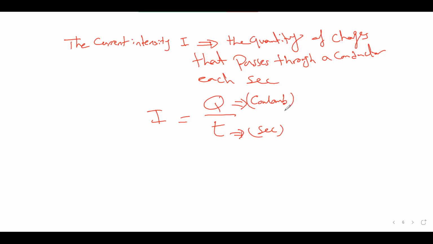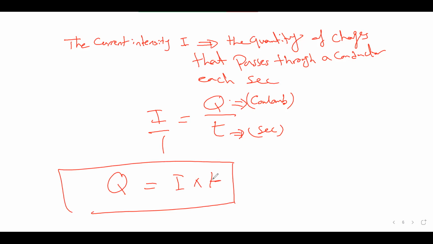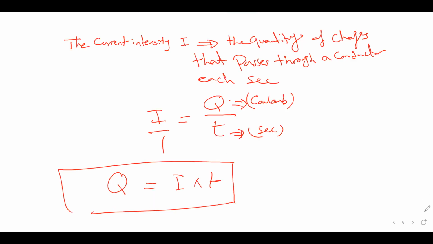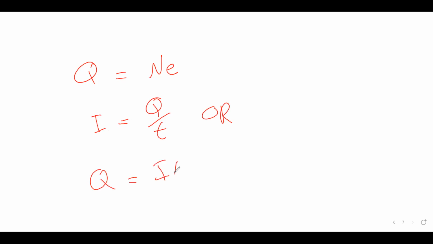T must be in seconds and Q must be in coulombs. I equals Q over T, and from this rule, if we cross multiply, we get Q equals I times T. Now you have two rules for Q: Q equals NE, and Q equals I times T. Let's write them here on their own: Q equals NE, and I equals Q over T, or Q equals I times T.